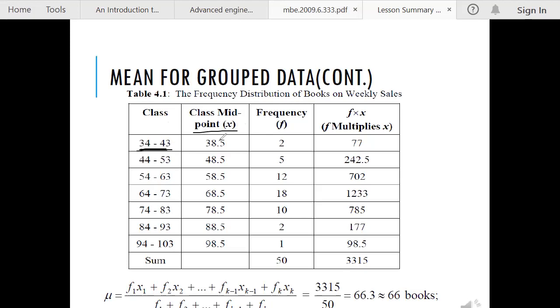So the first midpoint is 34 plus 43, over 2, and when you do that, it should give you 38.5, as we can see here.